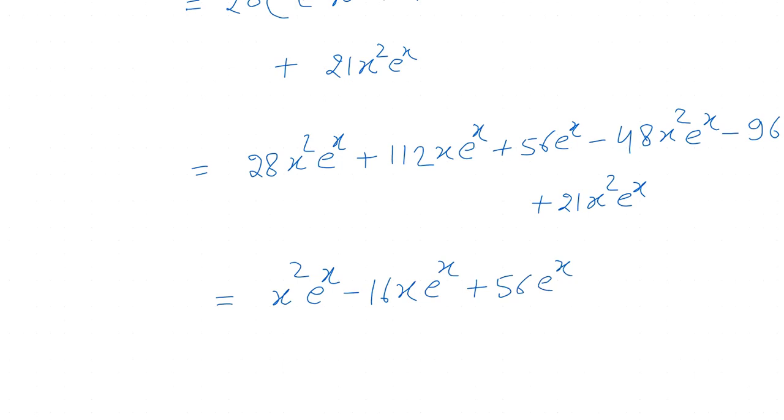So let us take e to the power x as a common. Inside we have x square plus 16x plus 56. And let us take this as equation 2.